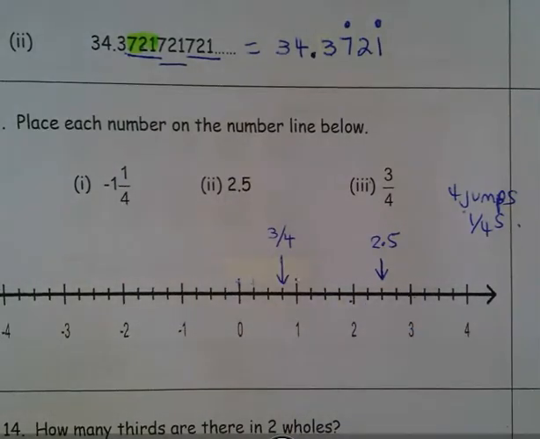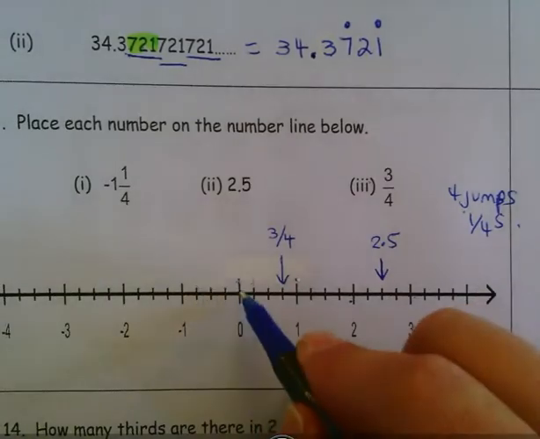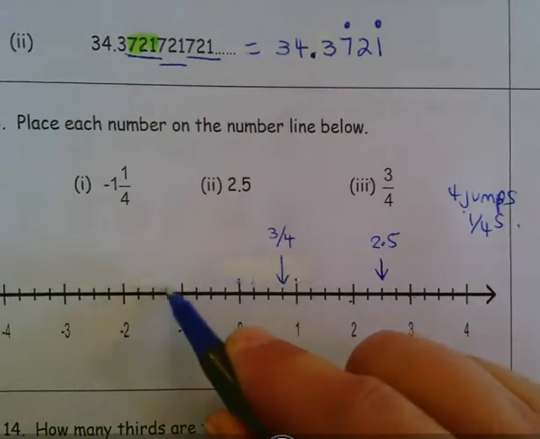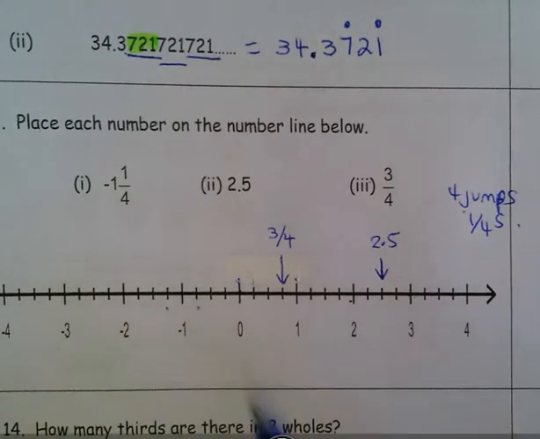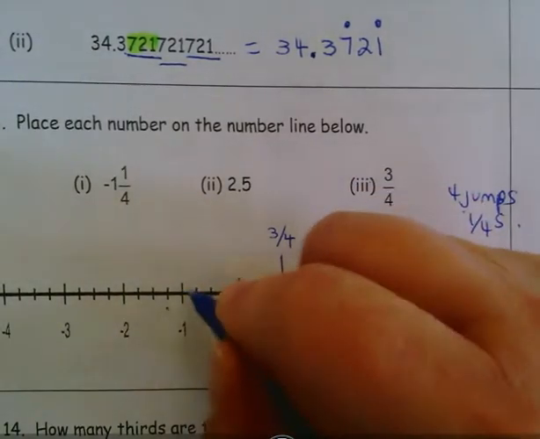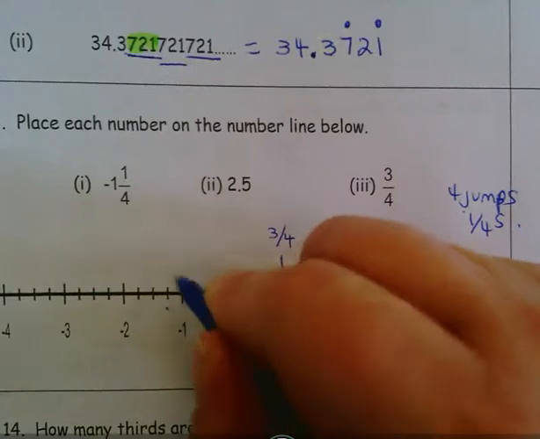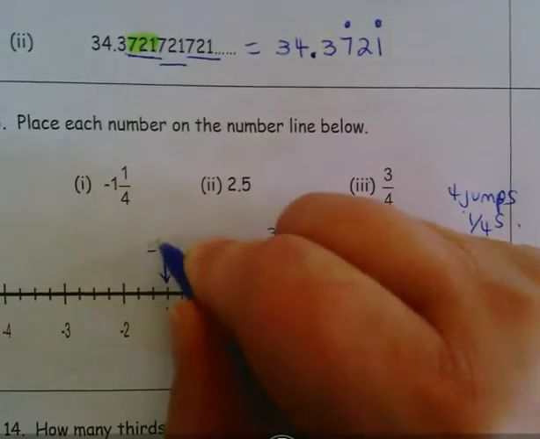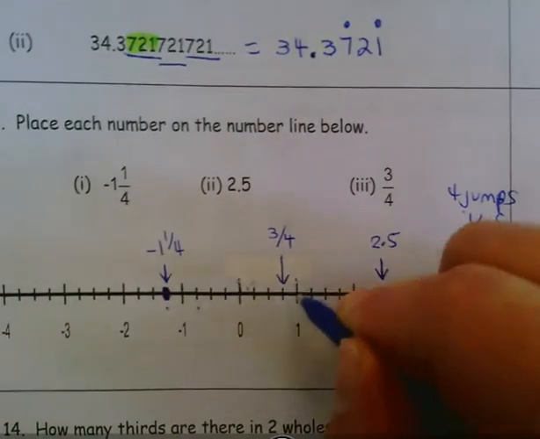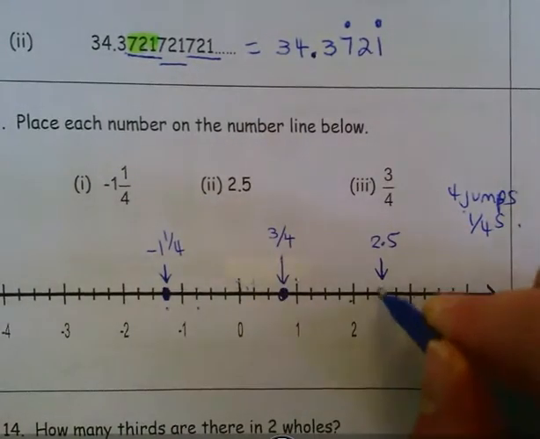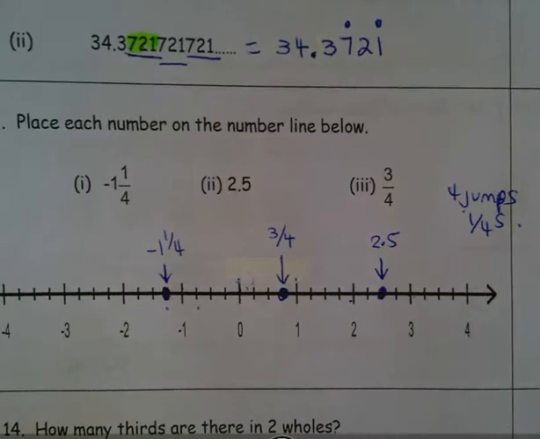It's really 2 2/4, but it's exactly halfway between. And -1 1/4. So I've got -1. Do I keep going back? Does it go here or there? Yeah, I've got -1 1/4. It's this one. So girls, please mark them carefully.